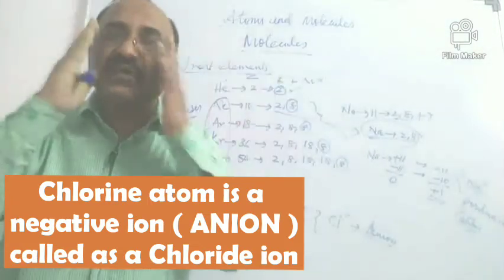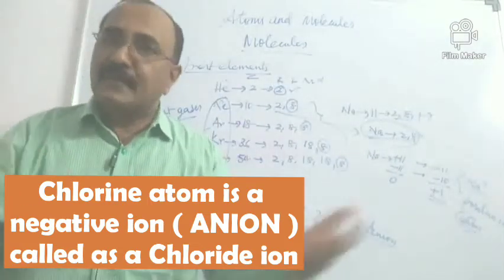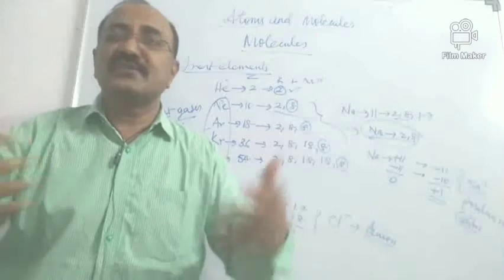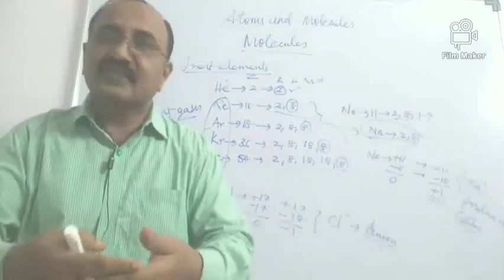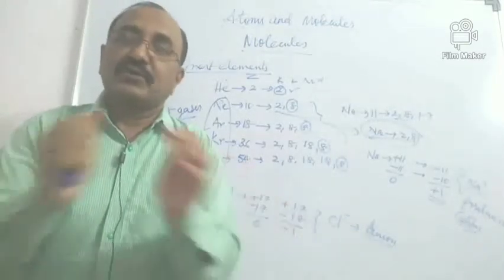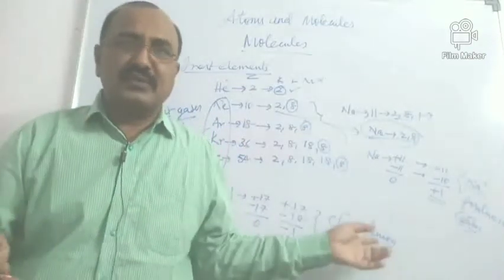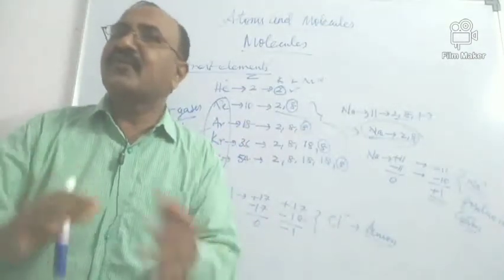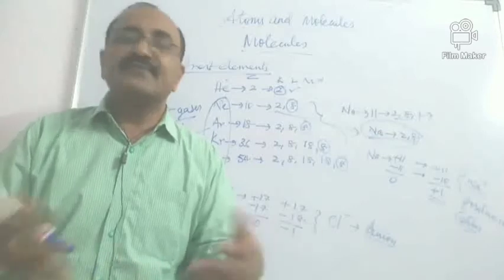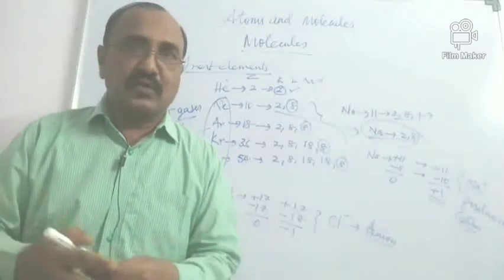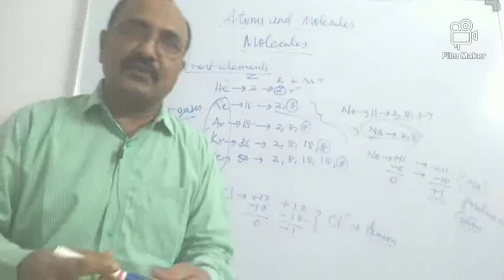Now what happens between these ions? The oppositely charged ions attract each other to form what is called a molecule. There are different ways in which atoms can combine to form molecules.